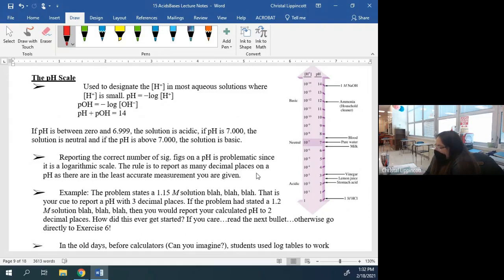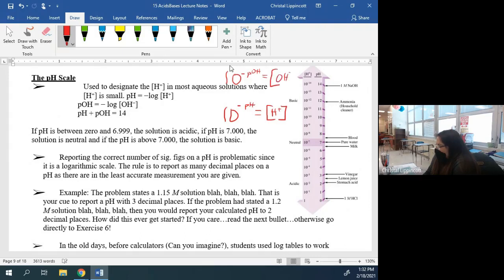pOH is going to equal the negative log of the hydroxide concentration. And pH plus pOH is going to equal 14. Now, if we're given pH, you can go 10 to the negative pH, and that's going to equal your hydronium concentration. 10 to the negative pOH will equal your hydroxide concentration.